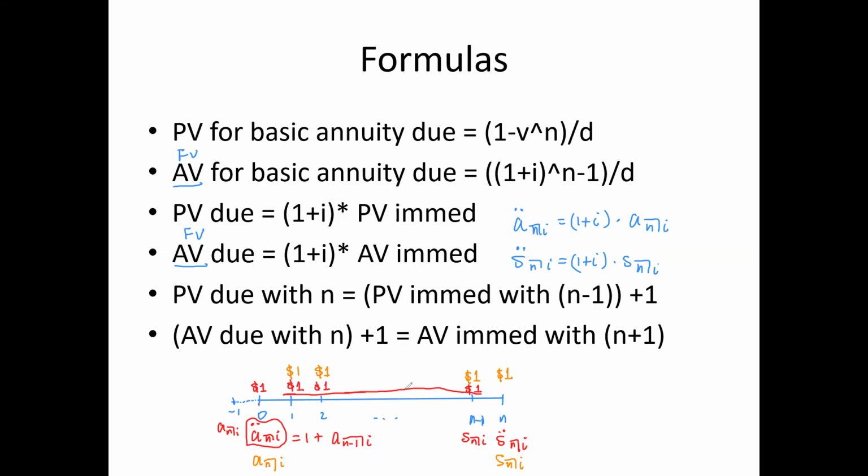Remember it's n minus 1. It's this cash flow. The first one is gone. That's here. So we have this property: A double-dot sub n angle I equals 1 plus A sub n minus 1 angle I. Be very careful about with and without the two dots.